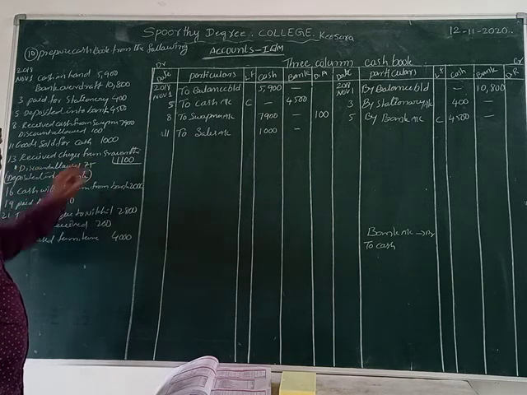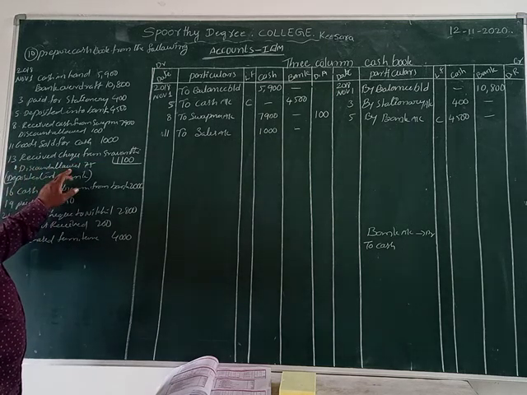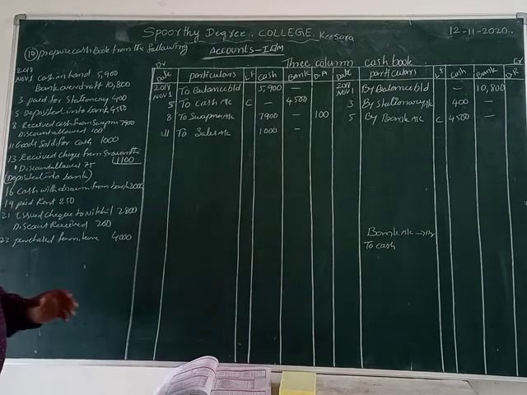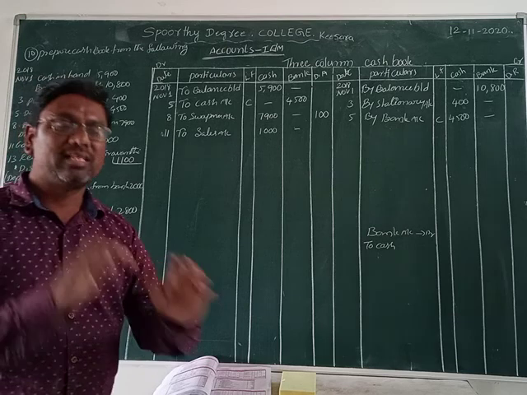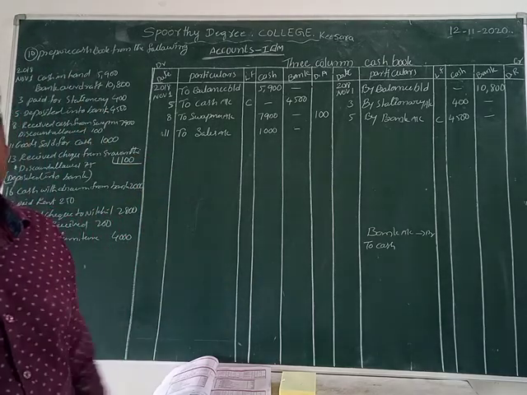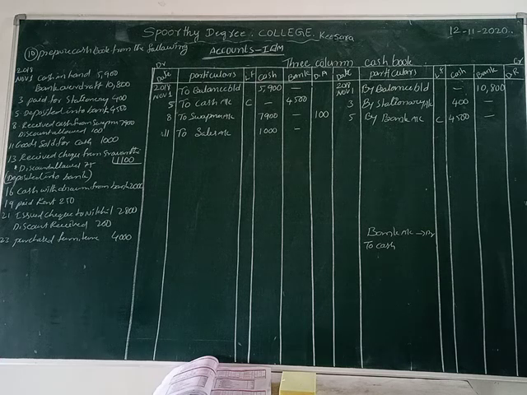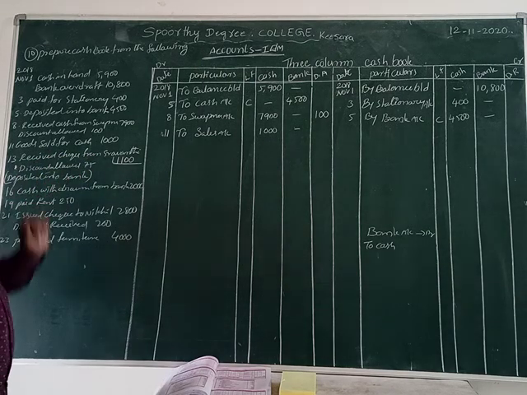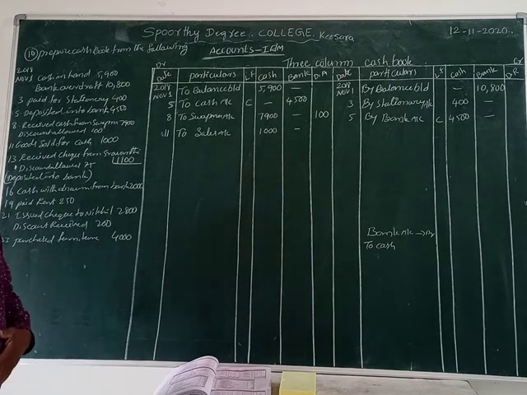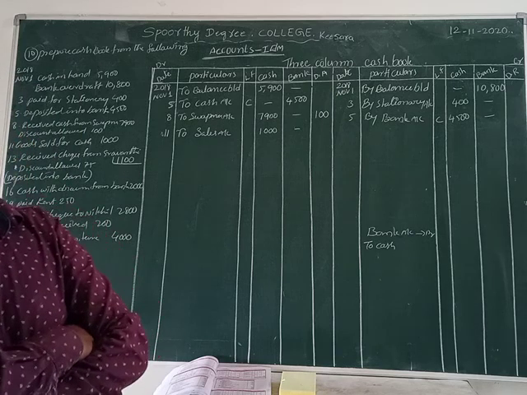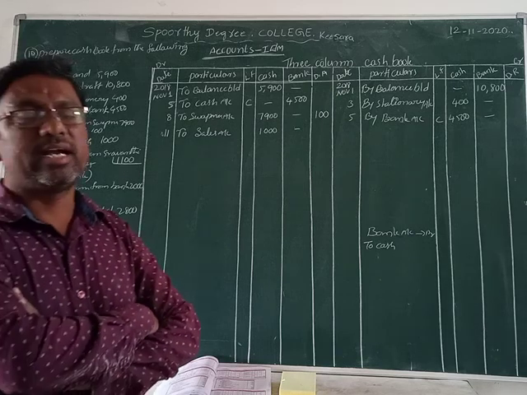Received check from Shravanti. Discount allowed 75 rupees and deposited into bank. We received the check and deposited it in the bank the same day, so there is no tension and no worry about it. So we can record it very simply as received check from Shravanti. The check comes into the business, so then we record into which side?